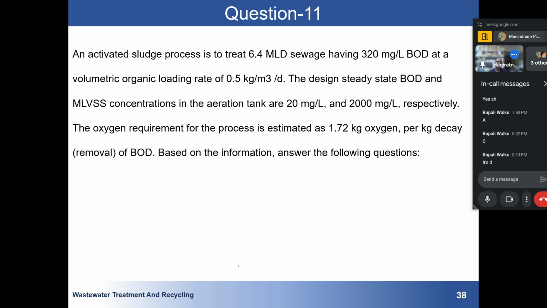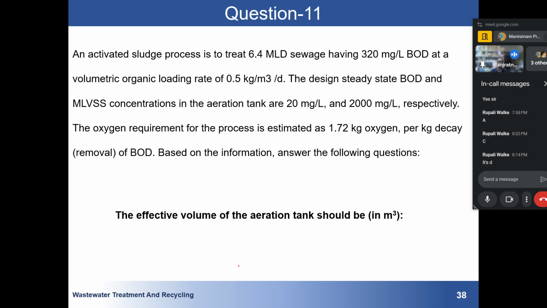The design steady state BOD and the MLVSS, mixed liquor volatile suspended solids concentration, in the aeration tank are 20 milligram per liter and 2000 milligram per liter respectively. The oxygen requirement for the process is estimated as 1.72 kg oxygen per kg BOD removal. Based on this information, we have three questions, and I will go one by one. First, the effective volume of the aeration tank should be.